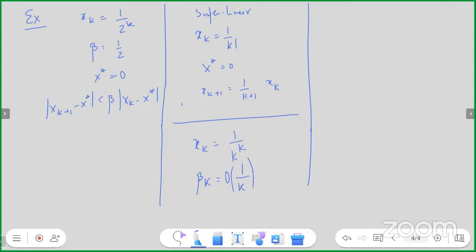Okay. What about quadratic? We're trying to map the two, right? Superlinear versus quadratic.